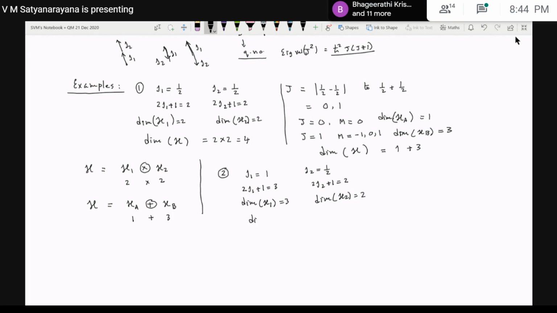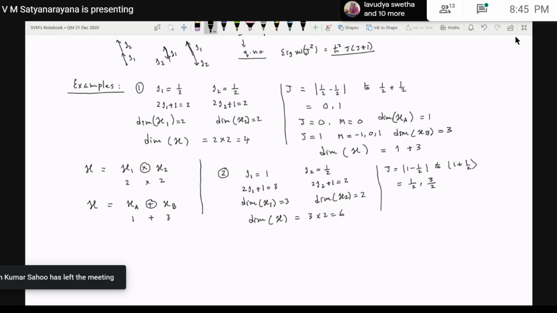So what is the dimension of the composite Hilbert space? The composite Hilbert space is 3 into 2, that's equal to 6. Now what happens with respect to capital J? Capital J ranges from modulus of 1 minus half to 1 plus half. So 1 minus half is half, 1 plus half is 3 by 2. So you have two values for this capital J, 1 by 2 and 3 by 2.